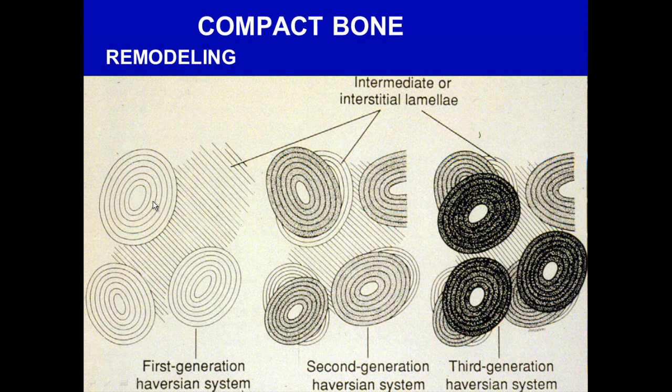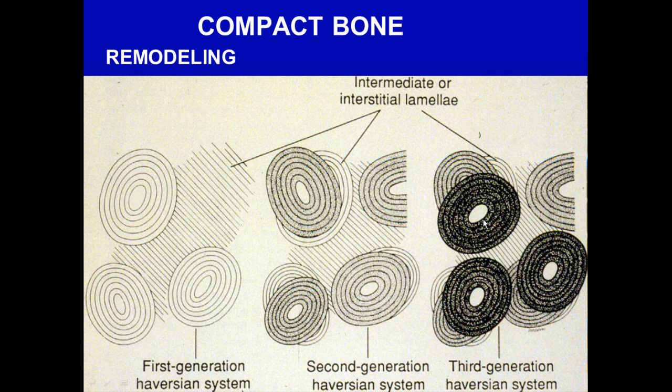This is one Haversian system, and then the second generation is the osteoclast eats up another hole, and sometimes it can be the previous one. Here's the third generation. You can see 1, 2, 3 generations right there. It didn't eat up everything. It just eats up at random, sometimes the interstitium, sometimes the previous one.